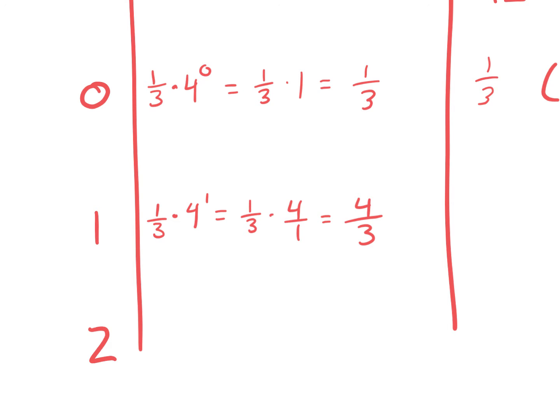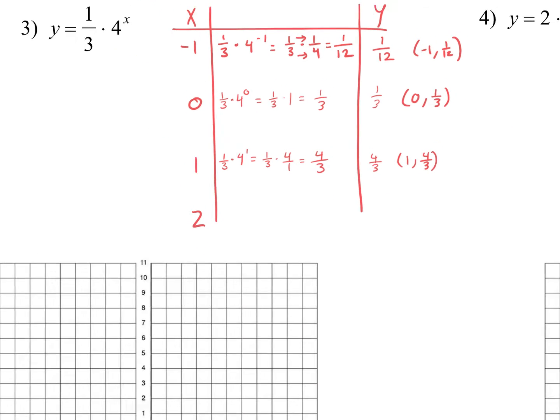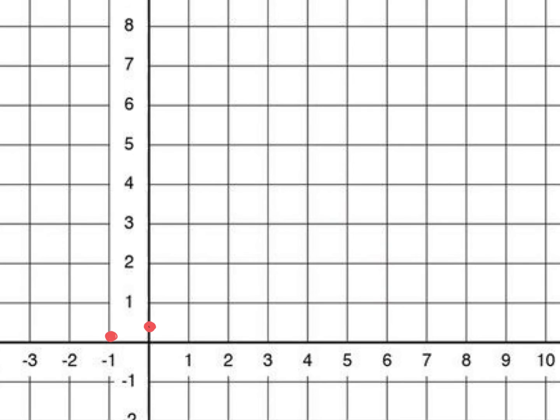Our point would be 1, 4/3. Now we can put 4/3 in our calculator to see what exact value it would be. What's the decimal version of it? So it's about 1.3. So we go to the right one and up 1.3.